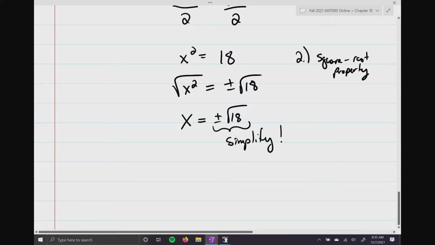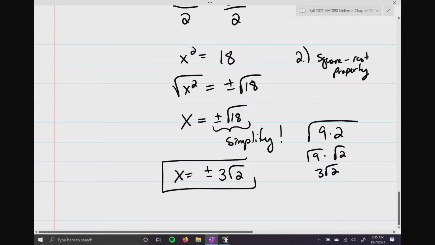All right, so remember, square root of 18 is really 9 times 2, which reduces down into the square root of 9 times the square root of 2, which is 3 square root of 2. So x is going to equal plus or minus 3 square root of 2 as a final answer. Okay? So you've got to make sure you do this. Let's try another one here.